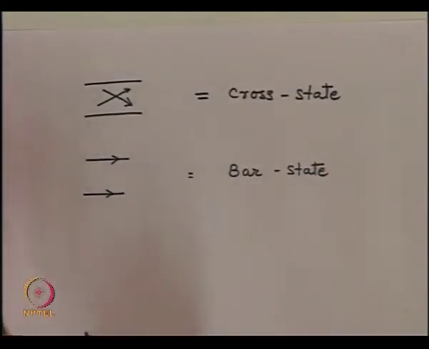And that is what essentially you need in any switching device. What you need is either I should be able to connect in a cross fashion or connect in the bar fashion. If you could do that, then I have a basic switching module which can dynamically either connect this way or connect this way.